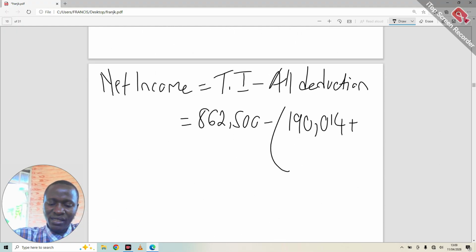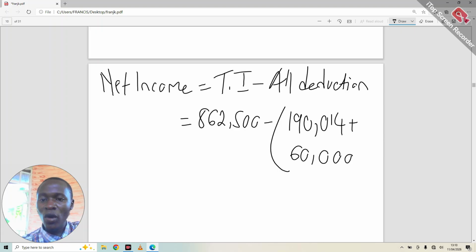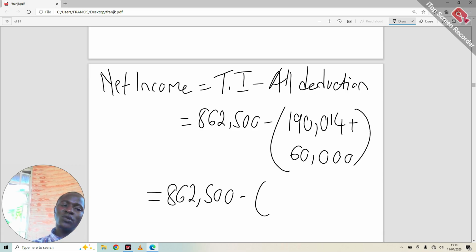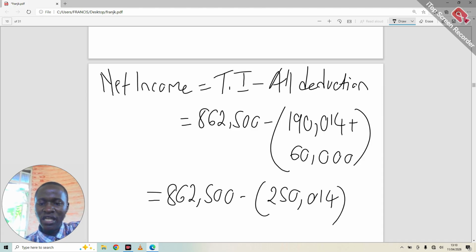So come and add it to 190,014. So we shall have 862,500, subtract. What is the total deduction? 190,014 plus 60,000, we shall have 250,014.